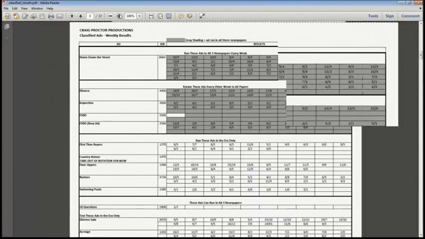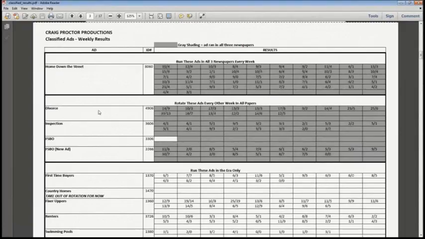Okay, now I want to give you a bigger picture from the 1,000-foot level. These are the classified ads I ran. These are the results for an entire year. So Home Down the Street, it ran every week. 10 hits, 4 messages. 12 hits, 4 messages.